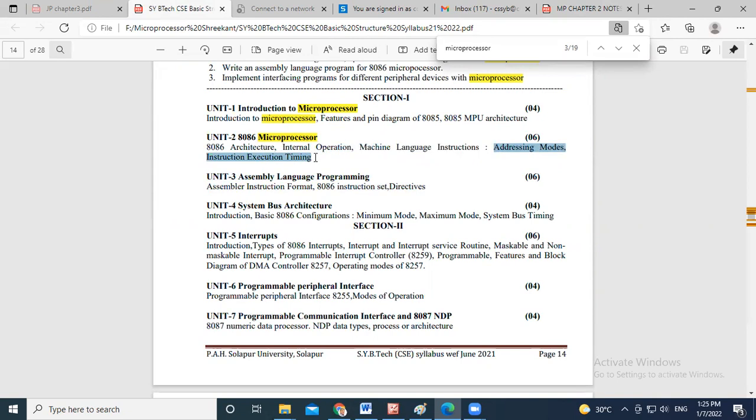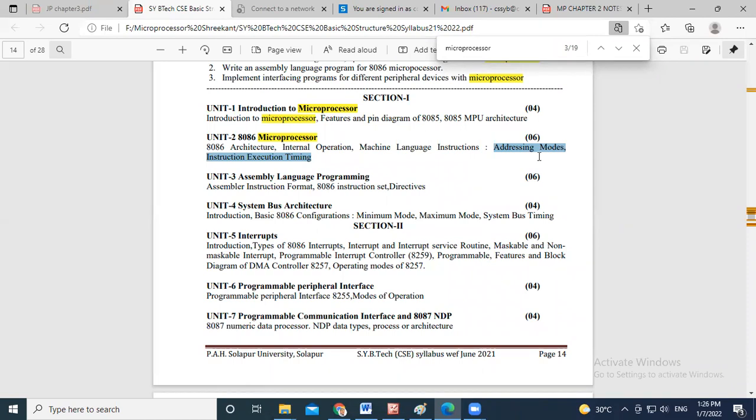So today whatever I have taught, addressing modes and instruction execution timing, these two topics come under machine language instructions. Today I have taught addressing modes.